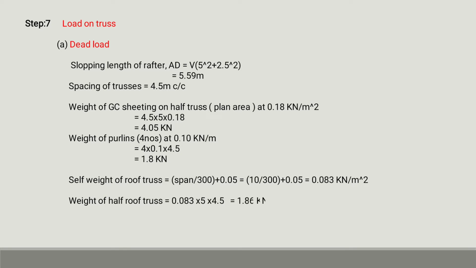So weight of half roof truss: the full roof is 10 meters, so multiplied by 5. So 0.083 into 5 into 4.5 is equal to 1.86 kilonewton. Total load on half truss is equal to 4.05 plus 1.8 plus 1.8, which is 7.71 kilonewton.